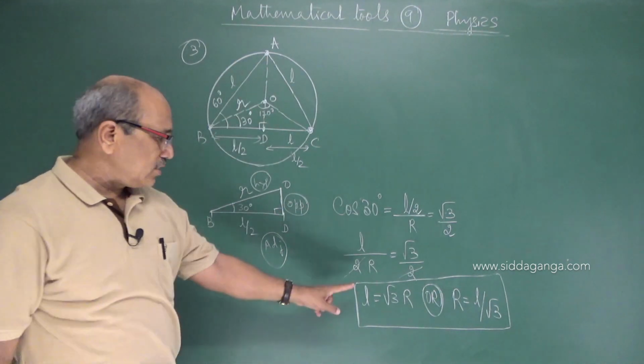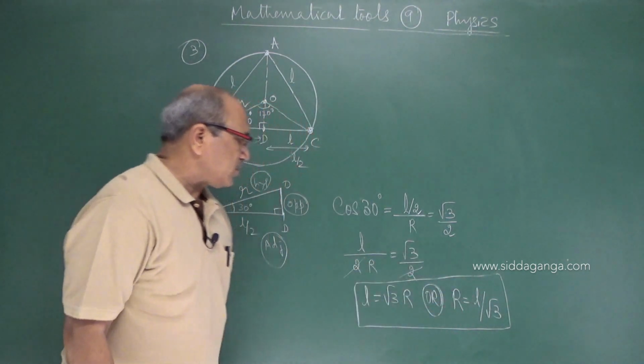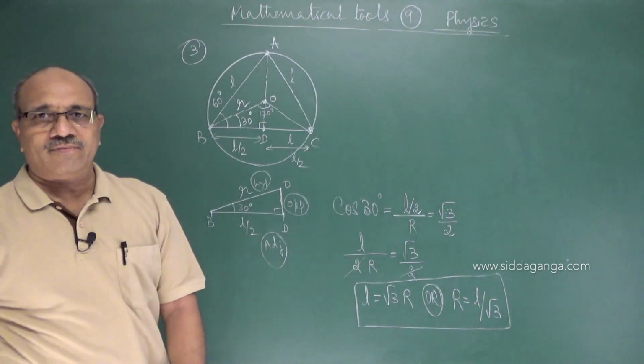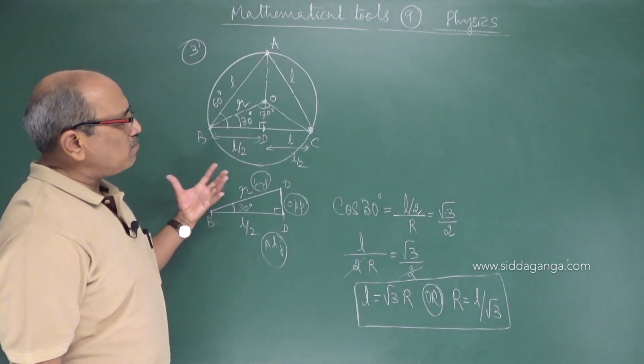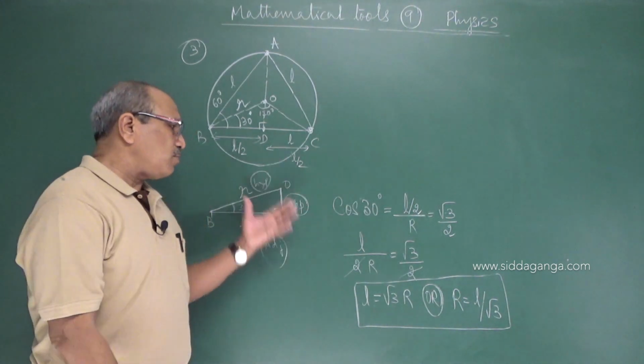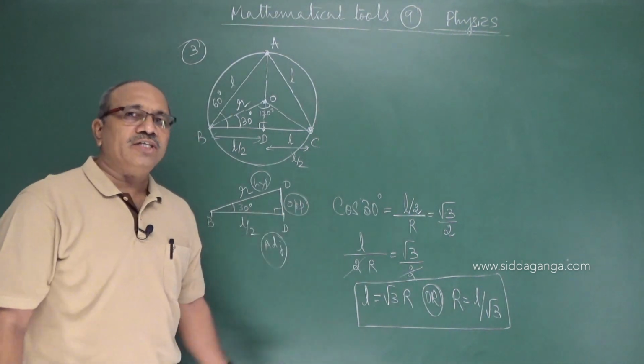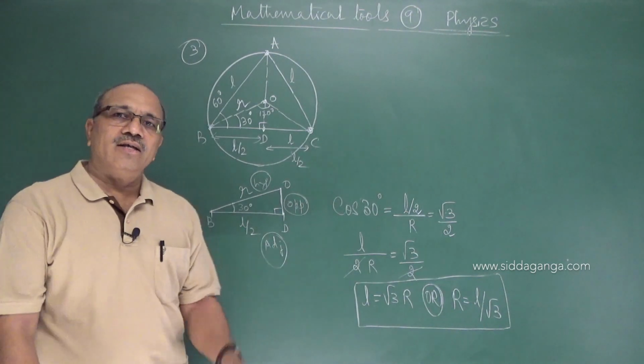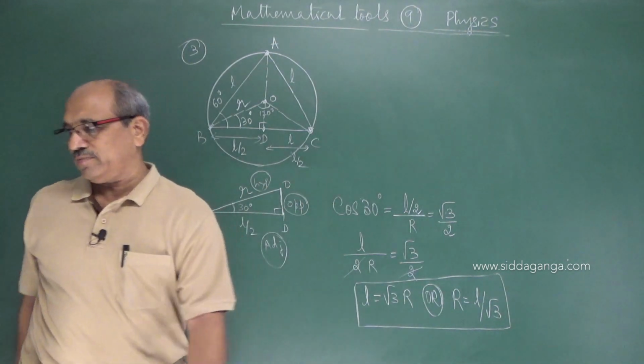The relation is R equal to L by root 3, or L is equal to root 3R. These three important relations we often use in physics. I hope you have understood. Mute it, understand and clarify your doubts.